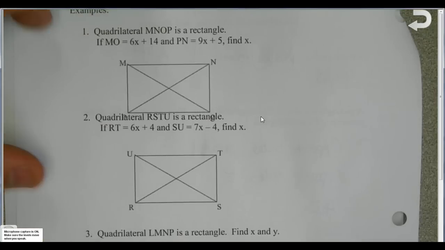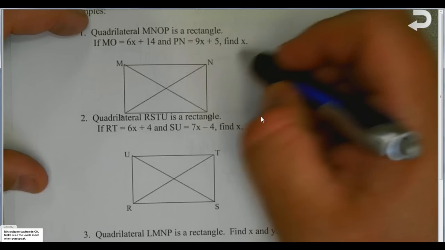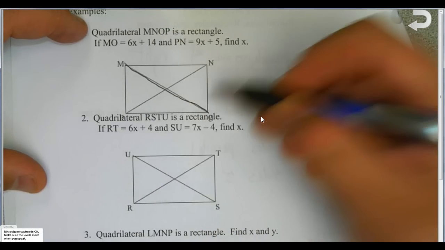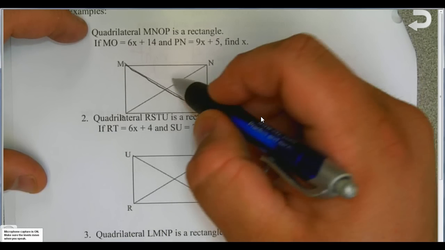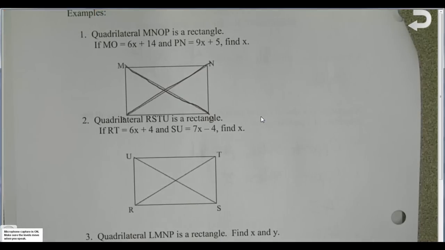So, on the back here, I have MO is equal to 6x plus 14, and that's from there to there. And then NP is equal to 9x plus 5. So how do we find the value of x? Well, in a rectangle, the diagonals are congruent.